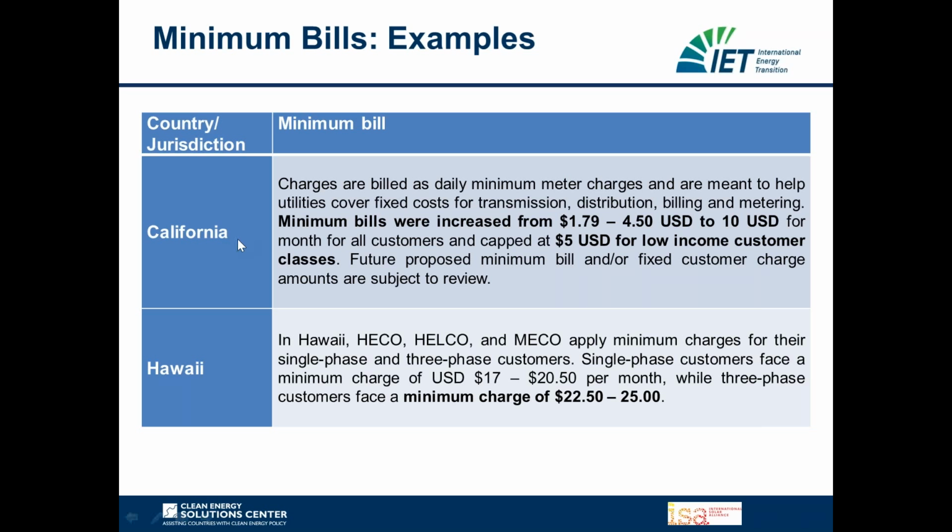And therefore, for instance, California has increased the minimum bill from previously less than $2 to $4.50, and then to $10 US. However, they also made some exemptions for low-income households, where the minimum bill is only $5 per month per customer.